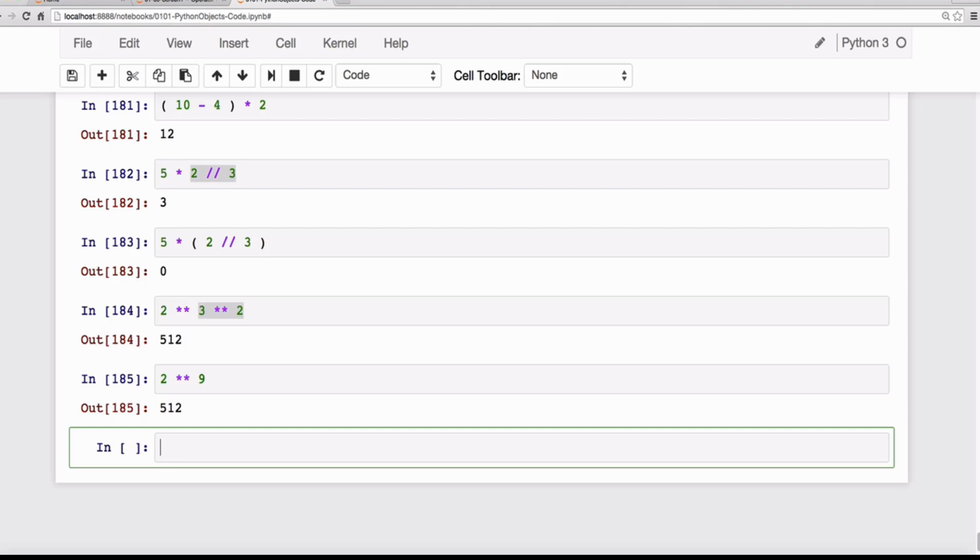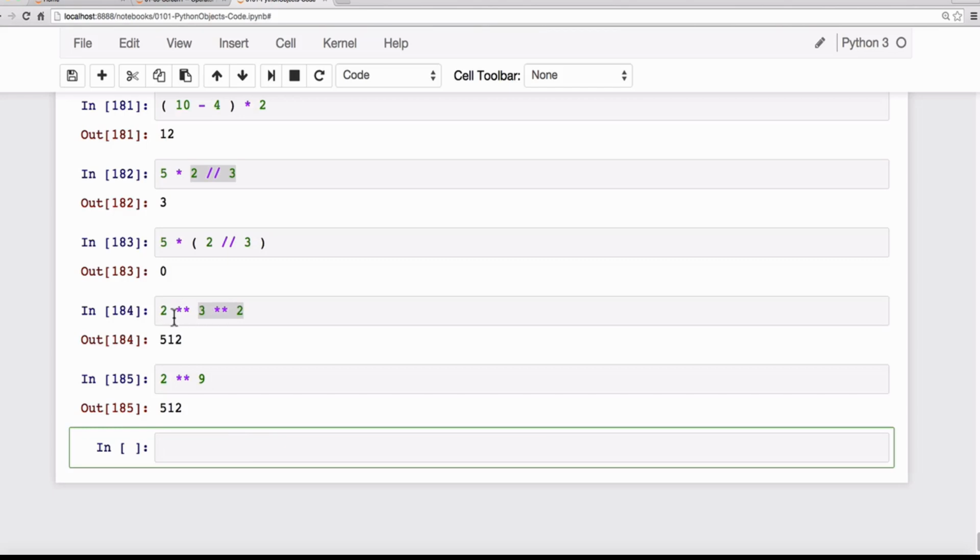These are the rules followed by the Python interpreter. You must have an idea how expressions are evaluated, and it's always better to put your expressions in parentheses so that you can force the way you want them evaluated.